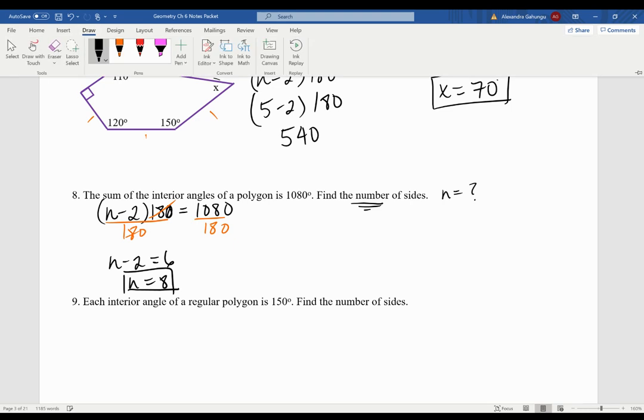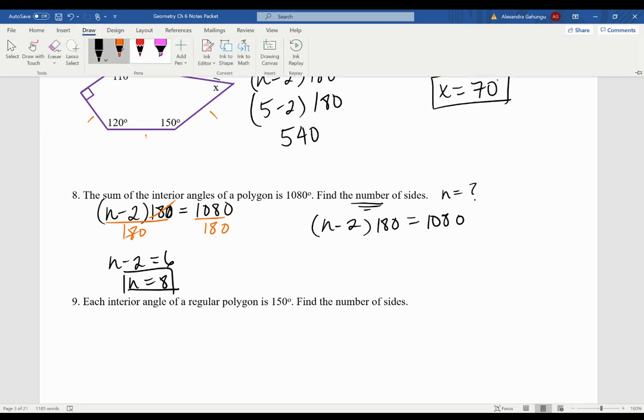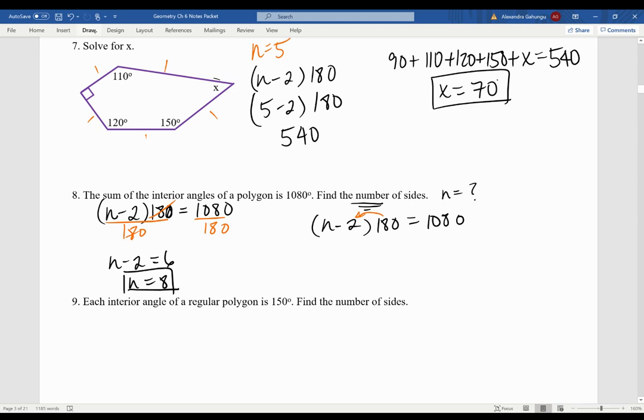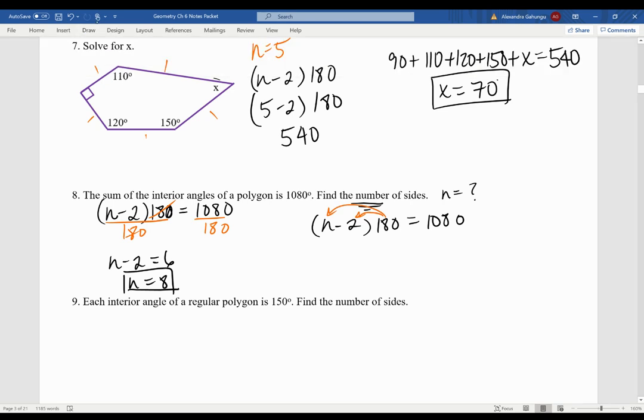Or if the instinct, which I totally understand, is for you to distribute, go ahead and distribute. And then you can go from there. So you distribute 180 to both n and 2, and so 180n minus 360 equals 1080. 180n, we add 360 to both sides.